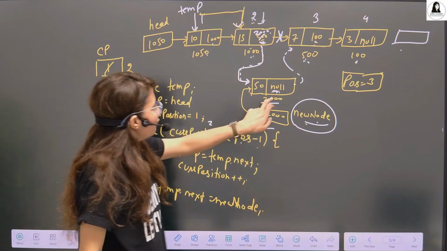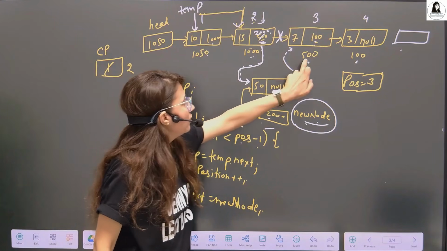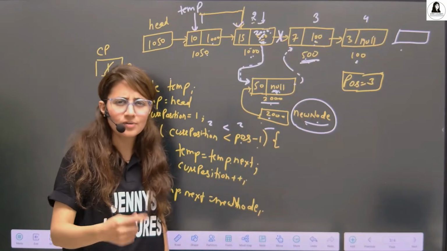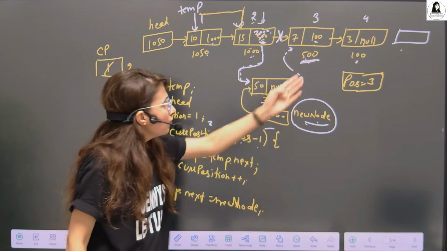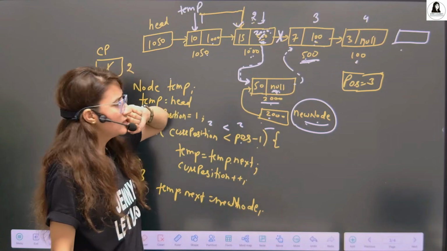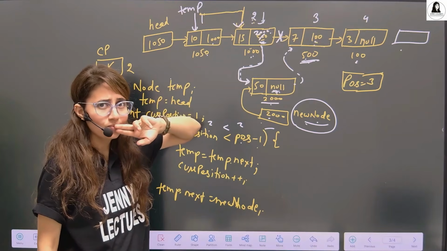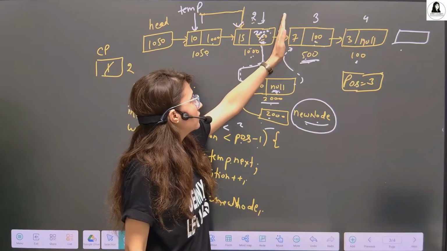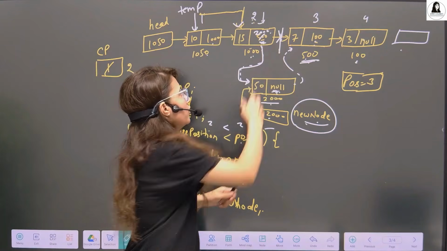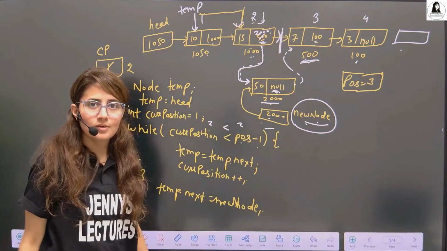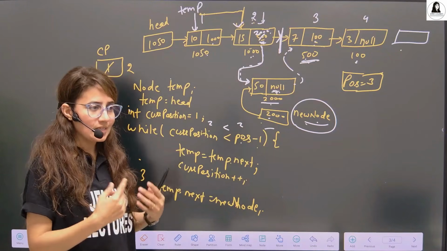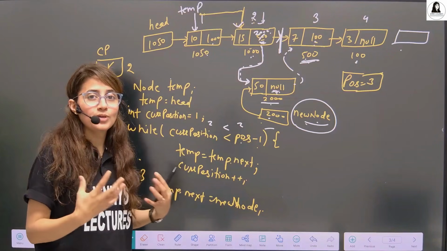Now see, I have to update this. Now here I want the address of the next node, that is 500, hypothetically 500. From where will you get this 500? Is there any way? No, because you have lost this connection. There is no way you can get 500. So like this, when to write which line, this also you need to take care.